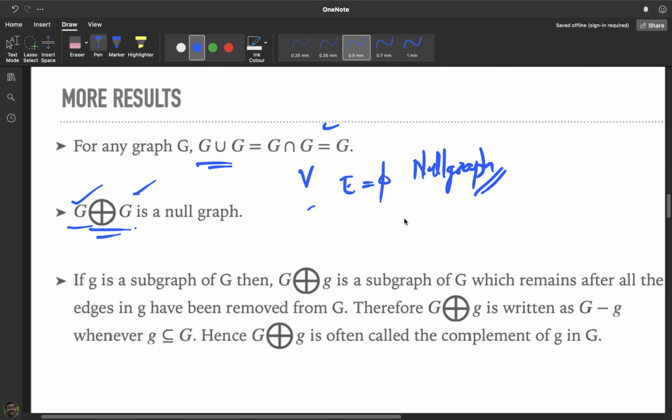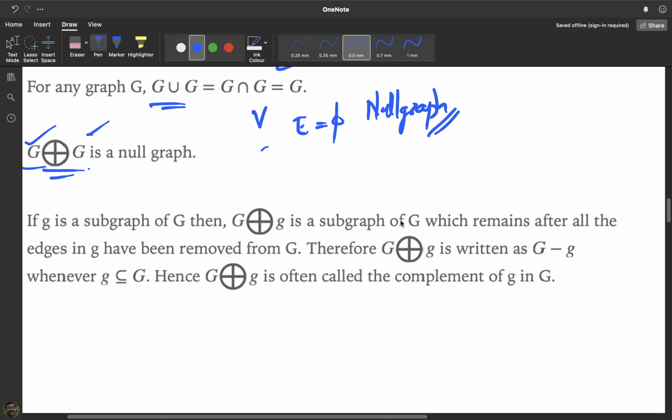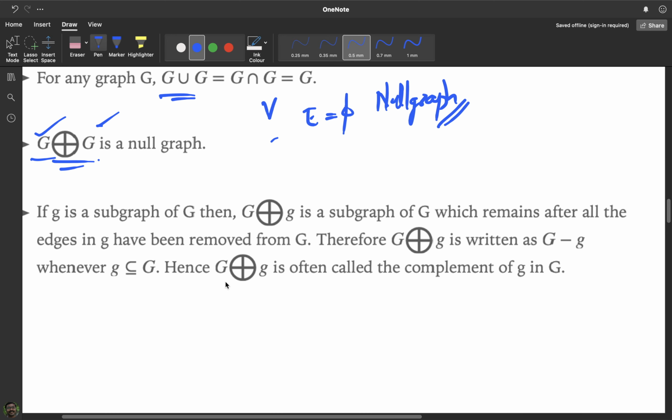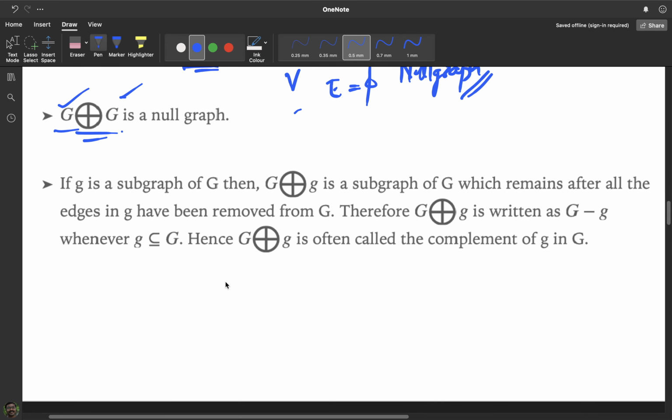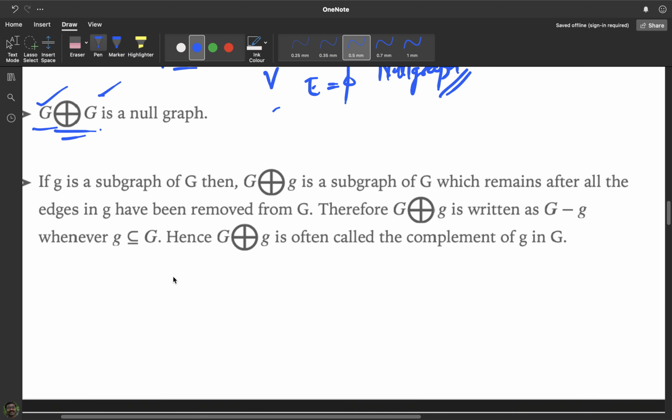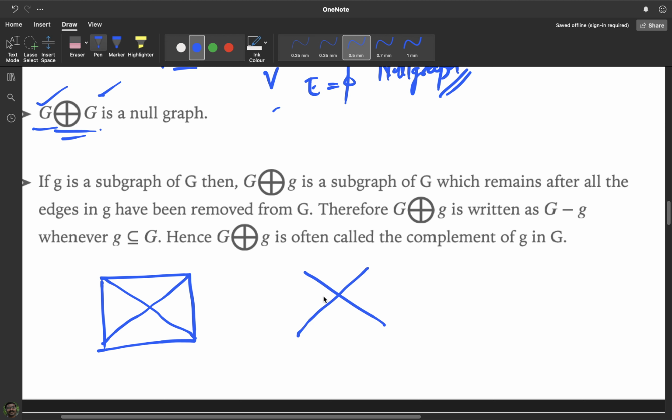Okay, and similarly, if g is a subgraph of G. Okay, so suppose you have graph G. So this is your graph G. Okay, and suppose this is your subgraph g.